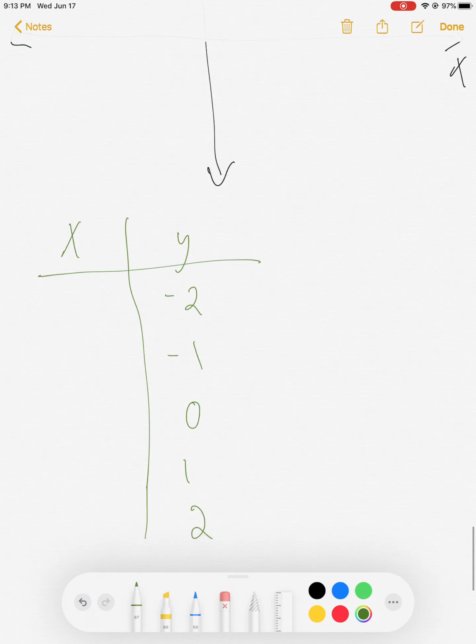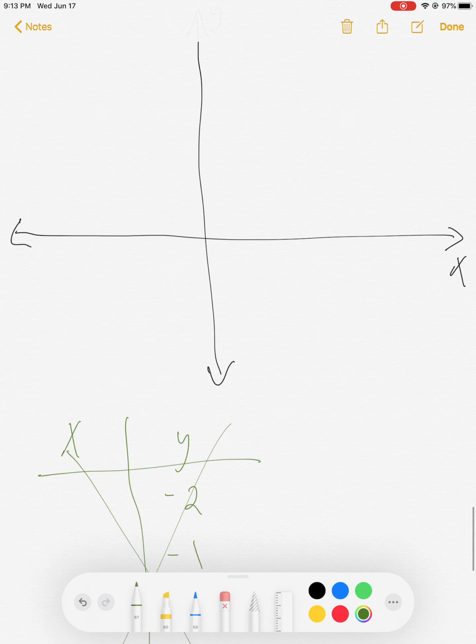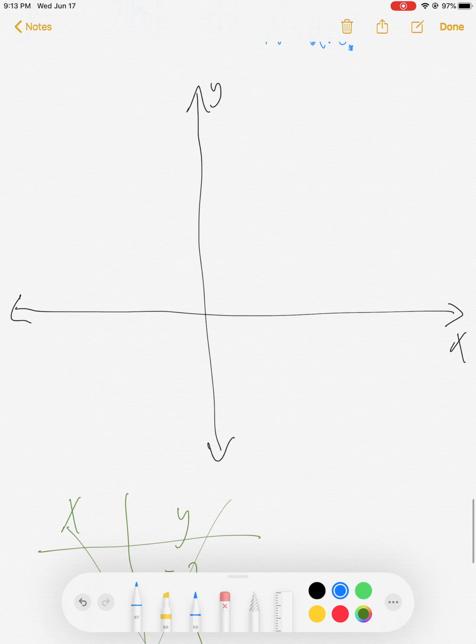So this looks vaguely like it's going to be a parabola and it's going to open to the left. It's going to go through the origin here and it's probably going to look something more like this. Or no, like this.